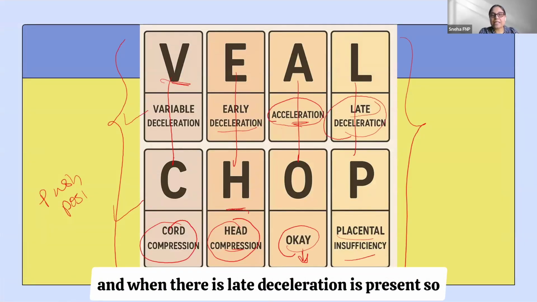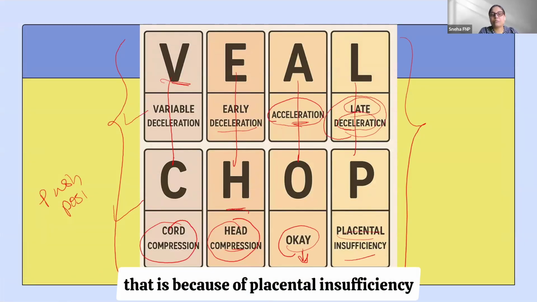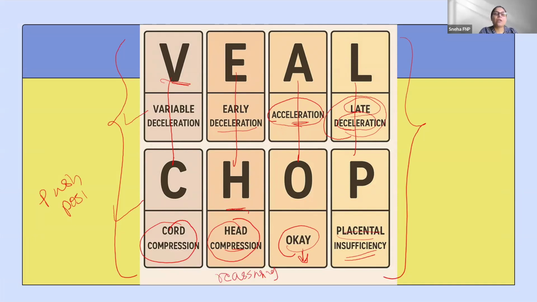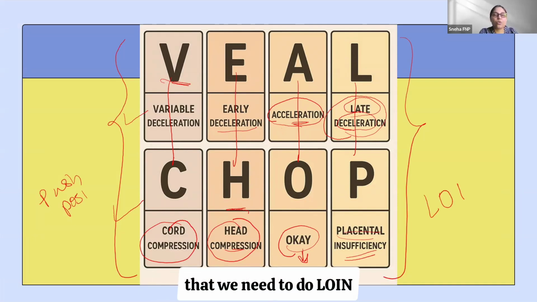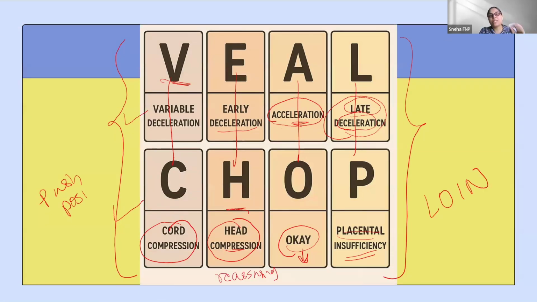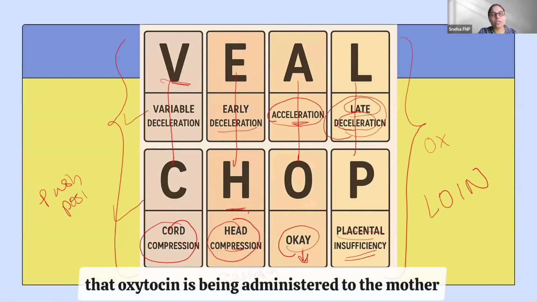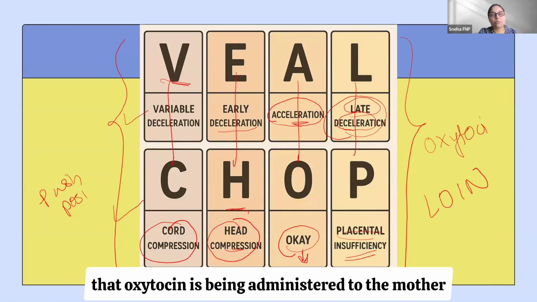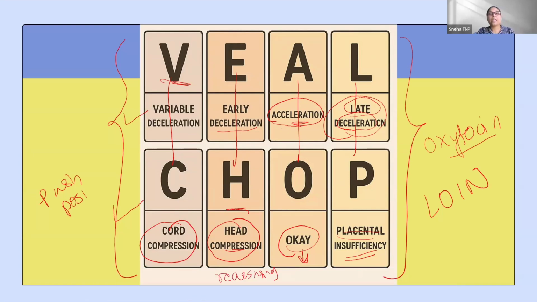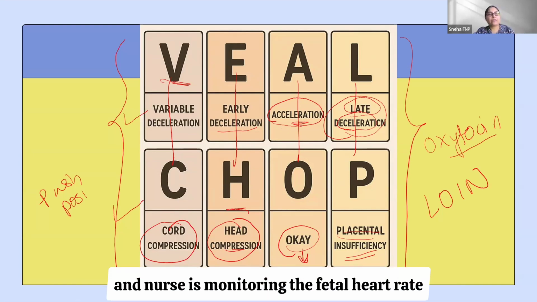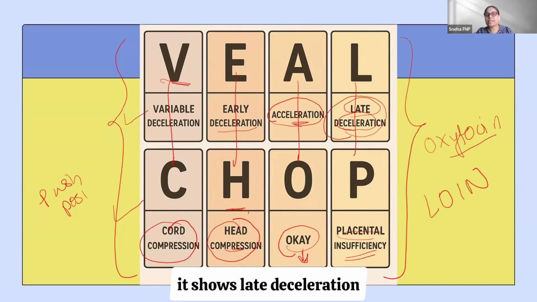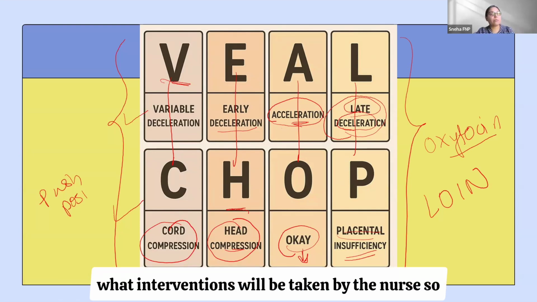And when late deceleration is present, that is because of placental insufficiency. And what we need to do for that, we need to do LOIN. And please remember one important point for your exam. If in the question they say that oxytocin is being administered to the mother who is in labor and the nurse is monitoring the fetal heart rate, it shows late deceleration, what interventions will be taken by the nurse?